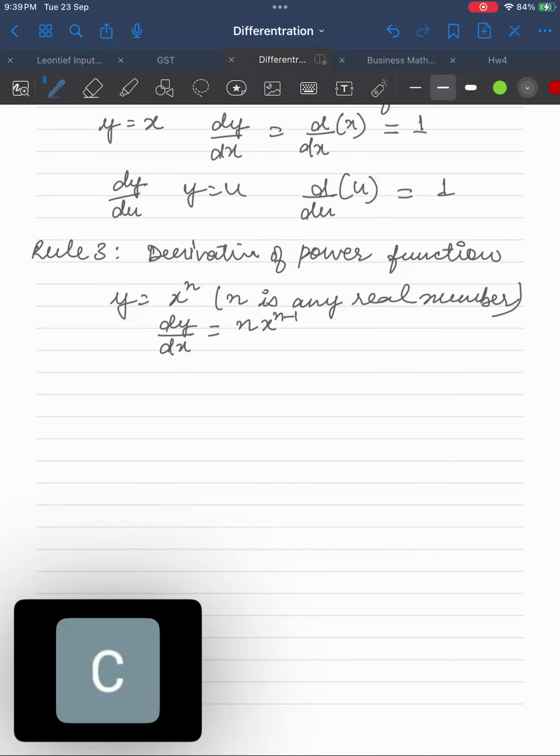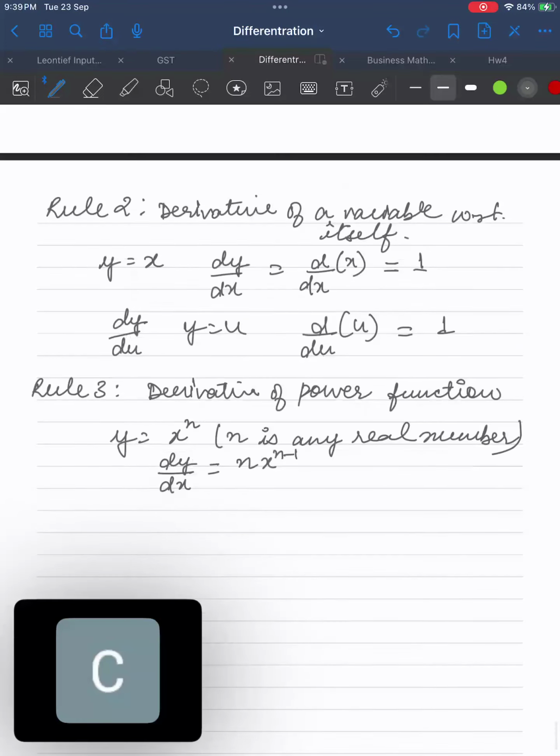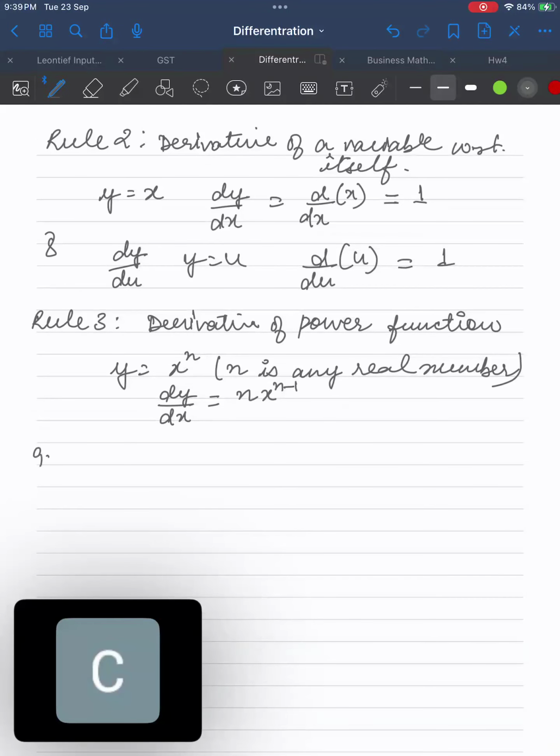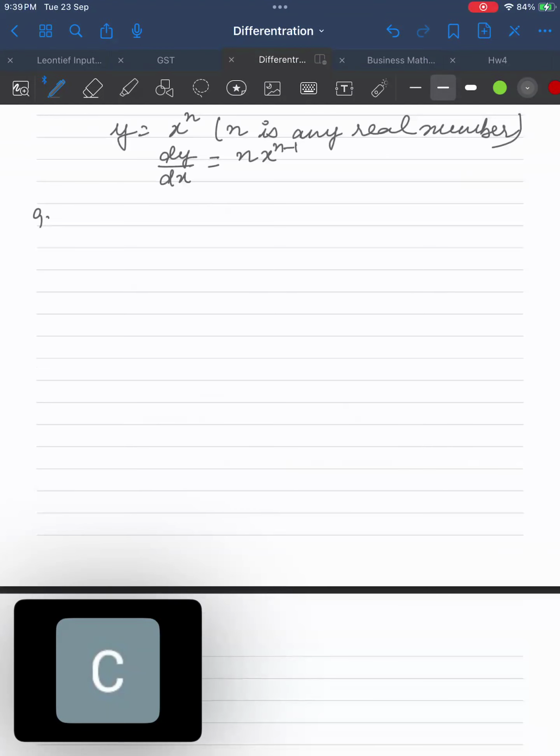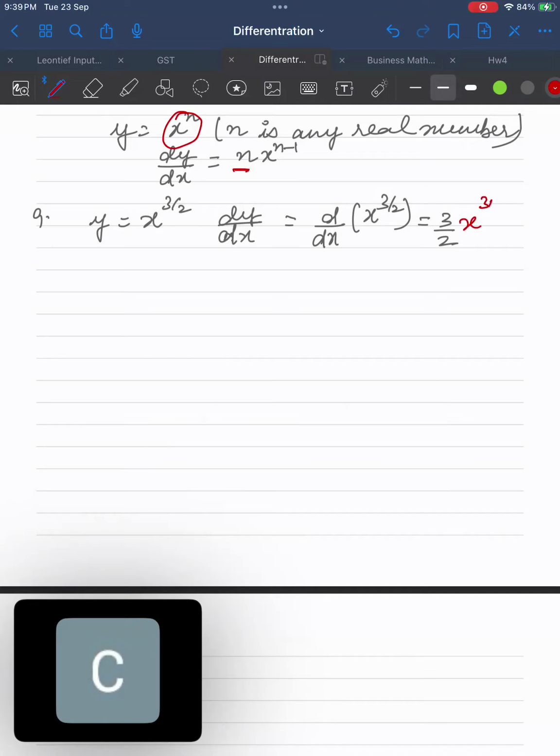Let's do some questions. We have done 7, let's say it was an 8. Let's take example 9. I'm saying y equals x to the power 3 by 2. What would be the dy upon dx? d upon dx of x to the power 3 by 2. The power n comes in front, so 3 by 2 comes in front, and x to the power 3 by 2 minus 1.